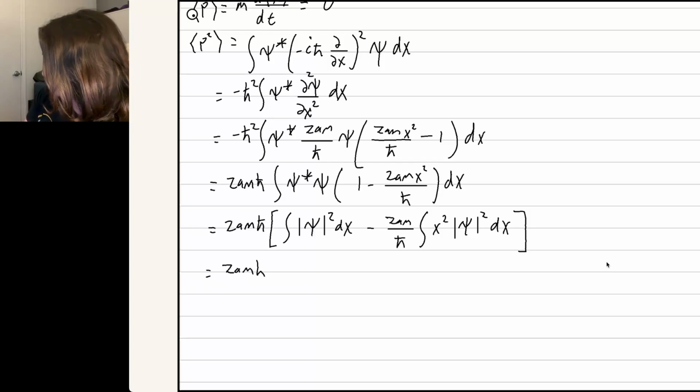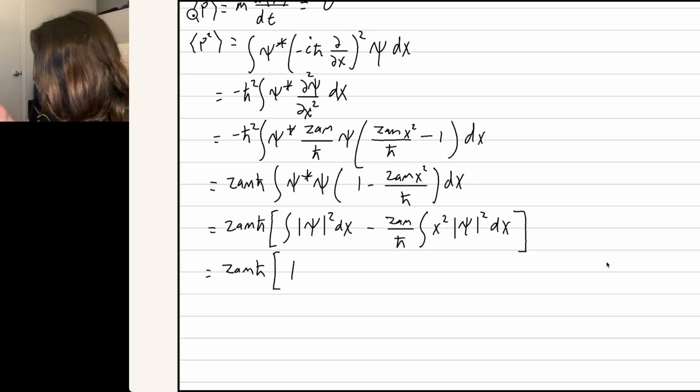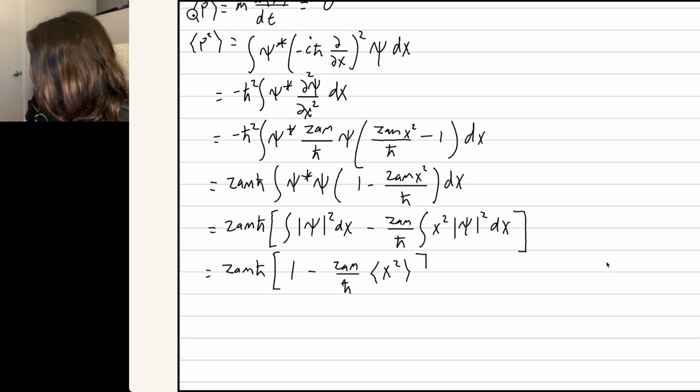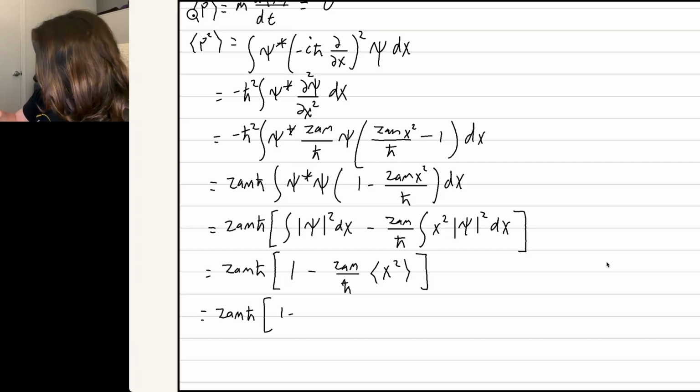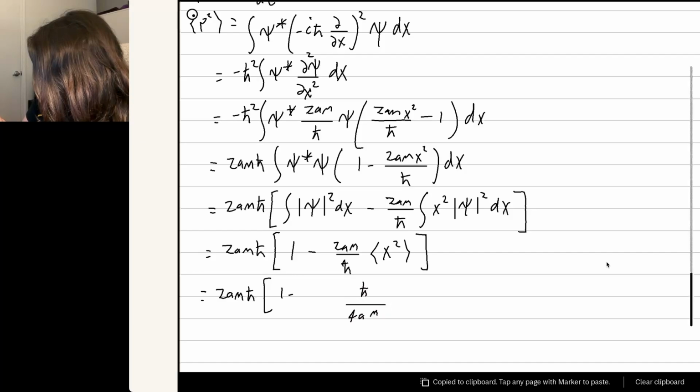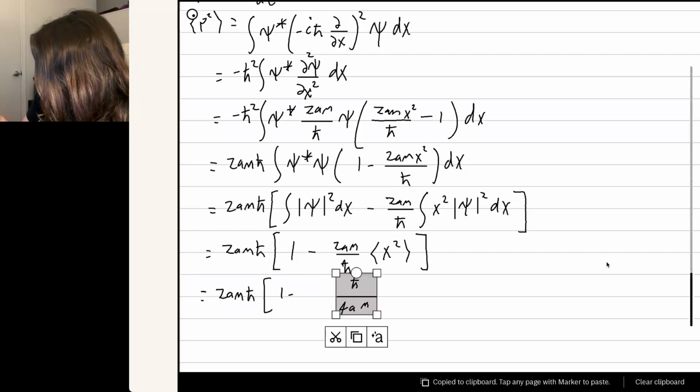Recognizing the first term as the normalization condition, that's just 1, and then the second integral will be the expectation value of position squared, which we already know. So I'm going to go grab that. It was h bar over 4am.